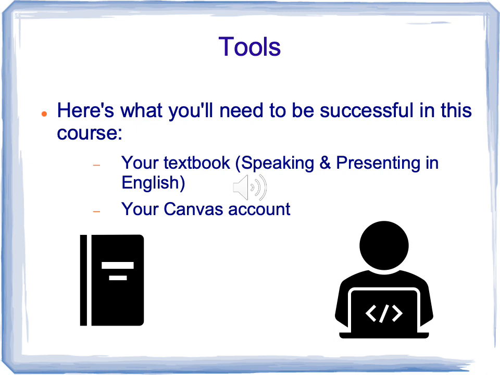You haven't been on campus yet, so you don't have it yet, I'm sure. That's okay. I have scanned copies of the pages that you need for Unit 1, and I put them in our class website on Canvas, and that is in the Files section of Canvas.